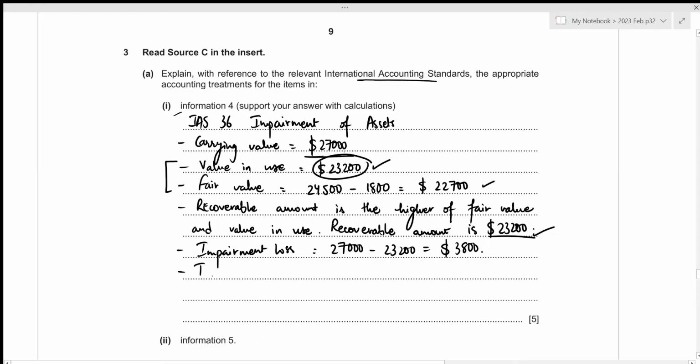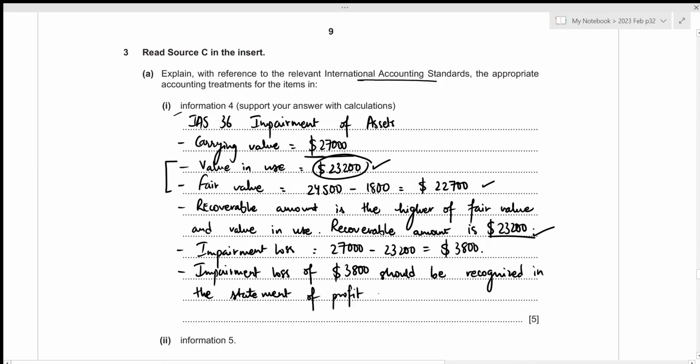Impairment loss of 3,800 should be recognized in the statement of profit or loss, and it should also be adjusted to the value of the non-current asset, right?